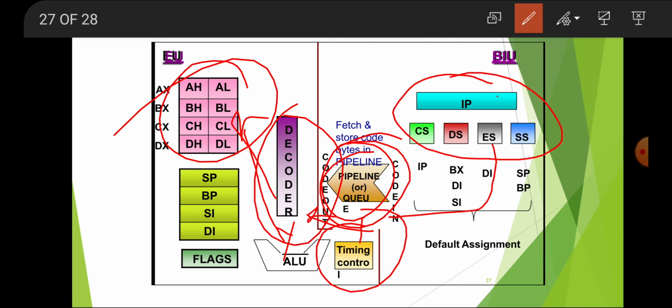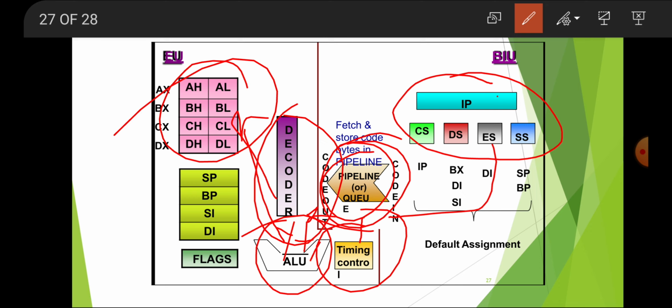The ALU performs the arithmetic or logical operation: add, subtraction, multiply, division, anything. Who tells the ALU which operation to perform? Again the control unit tells the ALU that there is an add operation, and then it performs it.